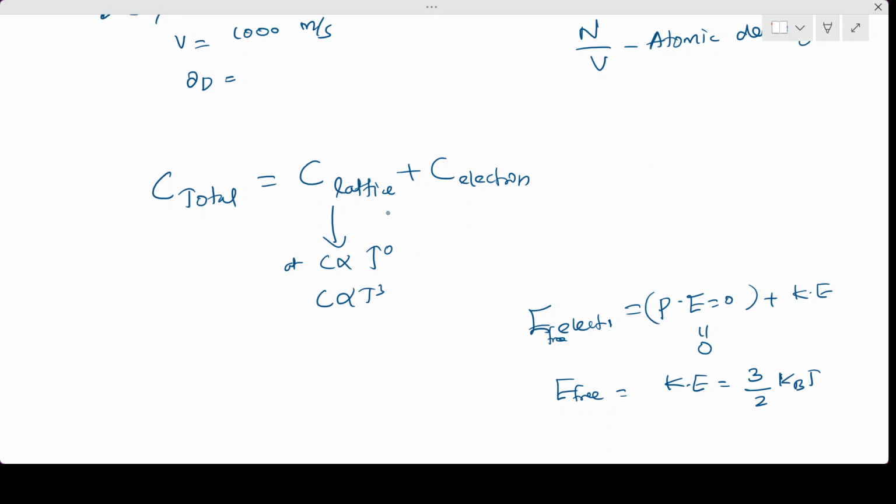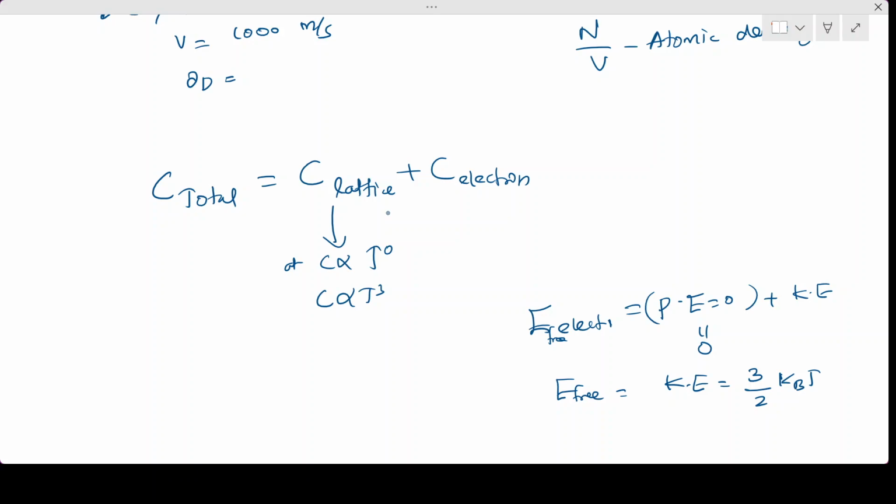In order to explain the theory of specific heat due to lattice vibration, there are three theories. One is the classical theory, called the Dulong-Petit law, and the next is the quantum theory. In quantum theory, we have two theories, called Einstein theory and Debye theory.